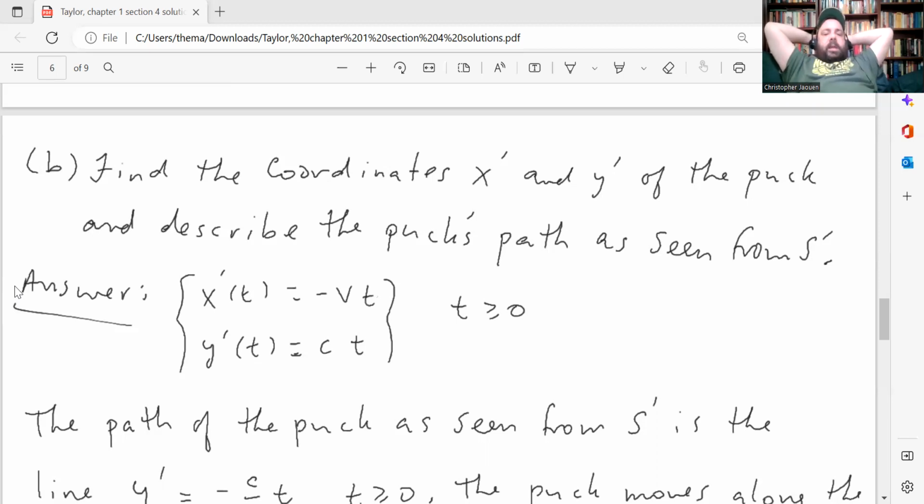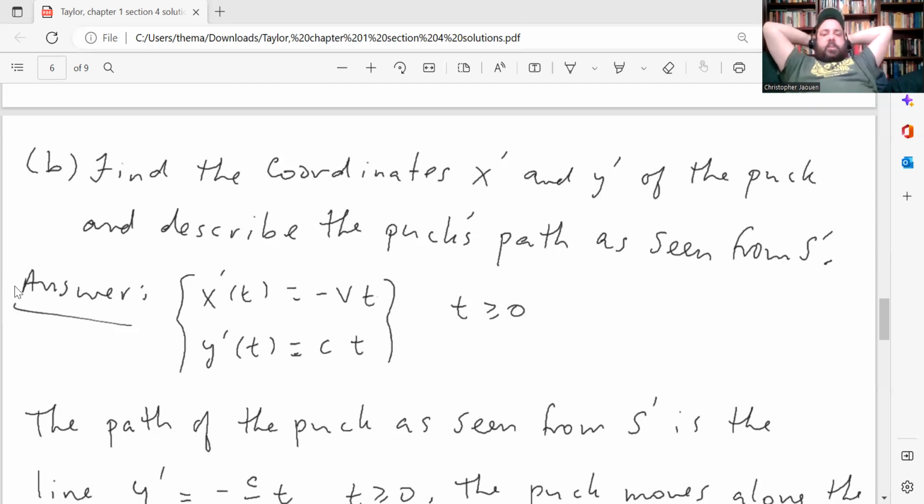But x prime now is no longer 0 because the reference frame S prime is going to the east as time increases, moving with constant velocity v.